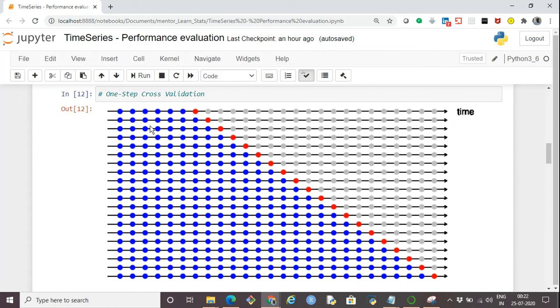Then in the next step we increase the training data window by one timestamp value, and immediately next to it forms the test data set.